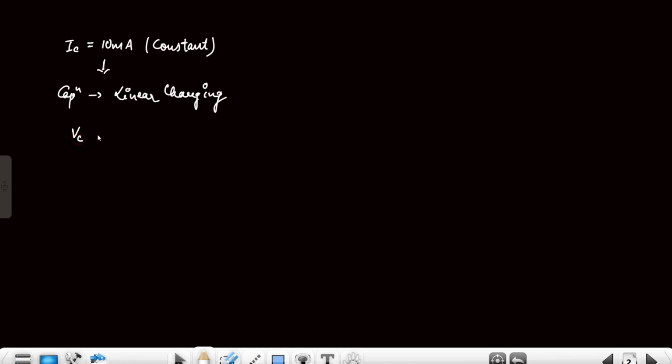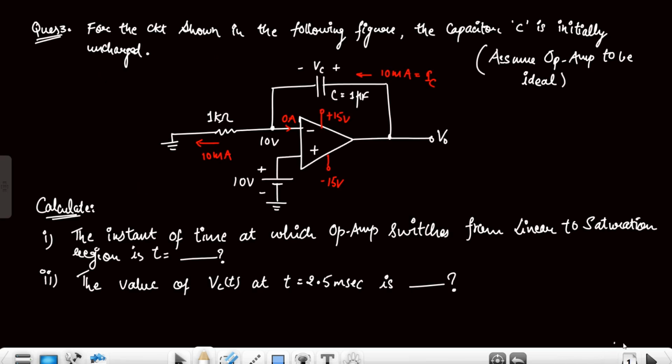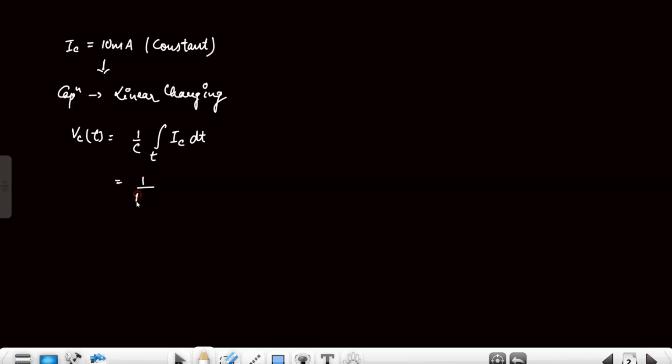The capacitor voltage in terms of the capacitor current is written like this: 1/C integration over a time period t of IC dt, and this capacitor value is 1 microfarad, which is equal to 10 raised to the minus 6 farad. And here the 10 milliampere will simply be out of the integration because it is a constant value, and the integration of dt is simply t.